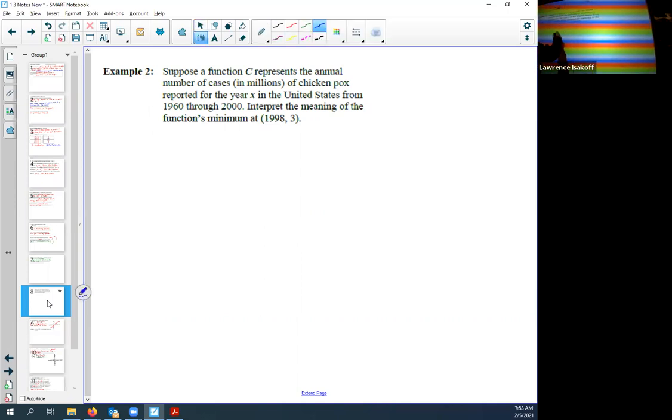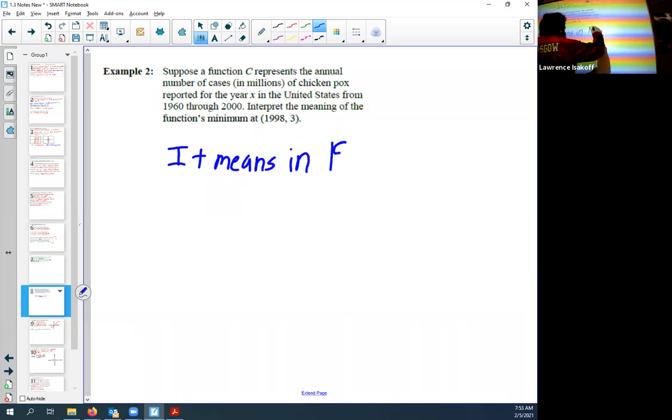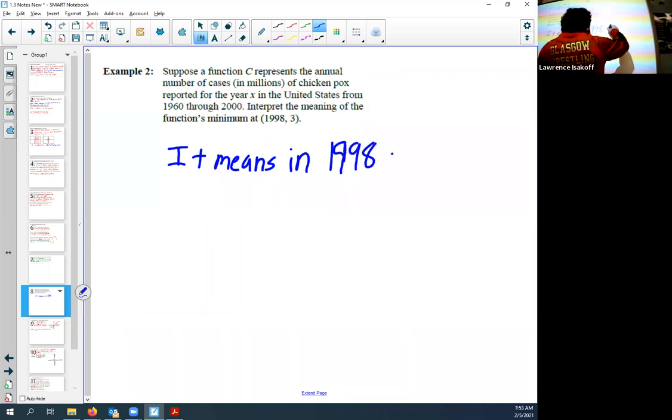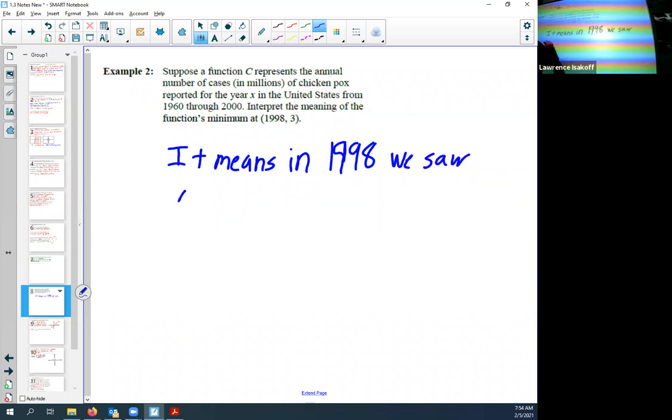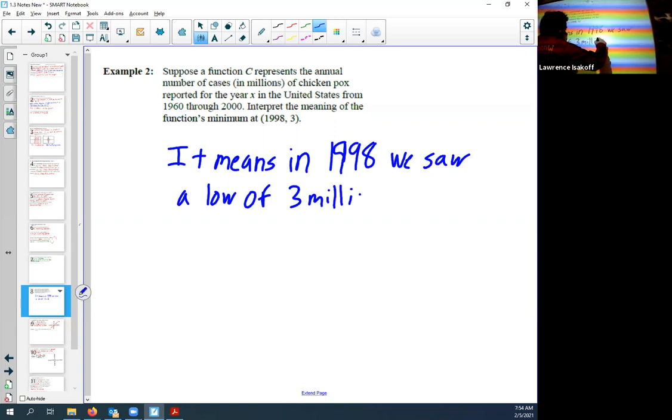So let's just write that down. What does the meaning of this being the minimum? It means in 1998, we saw a low of 3 million cases.